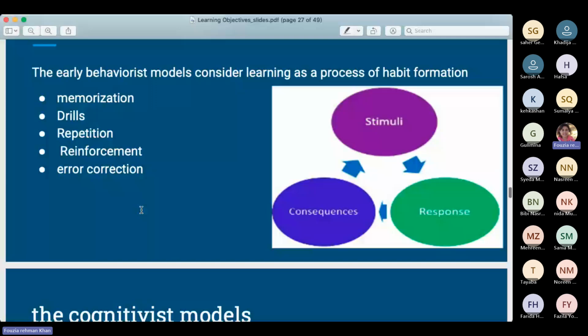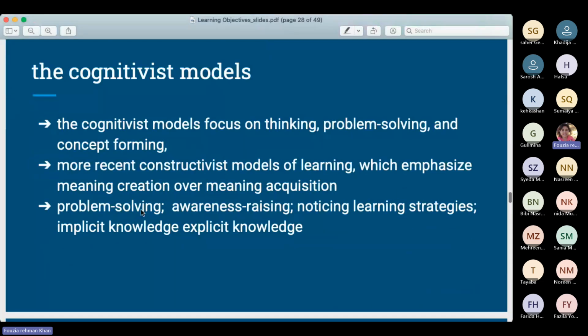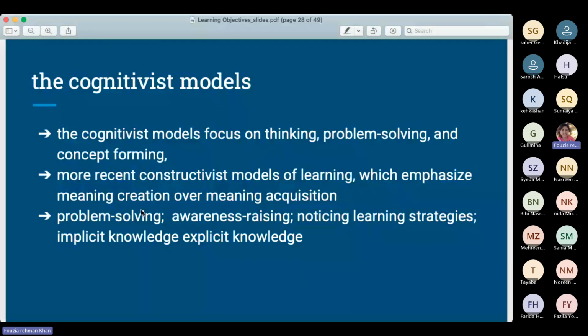Then comes the cognitivist model. Now, the cognitivist model is about higher order thinking, the metacognitive skills that we talked about. In this cognitivist model, we focus on thinking, higher order skills, problem solving, concept forming.